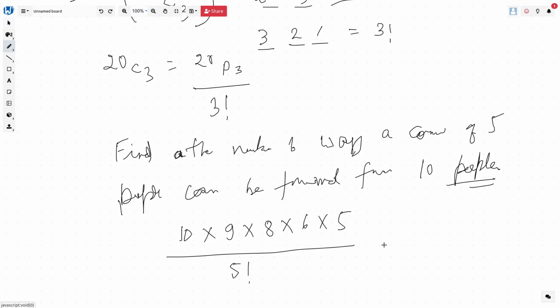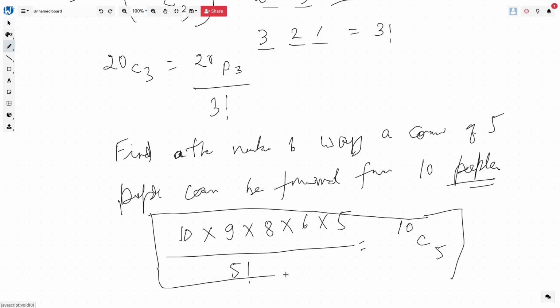So that is nothing but 10C5. Nothing new is added here, but we are giving different kinds of problems which can be solved using the multiplication principle, the addition principle and the complement principles.